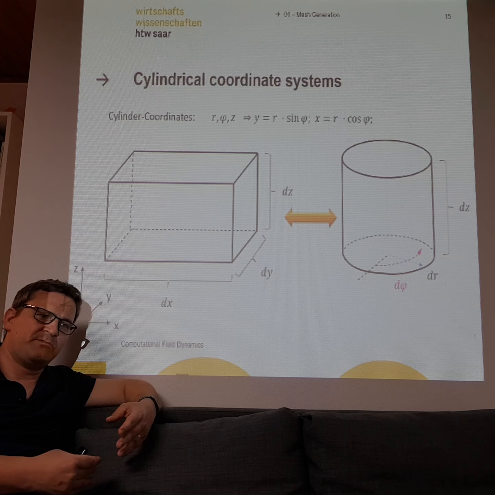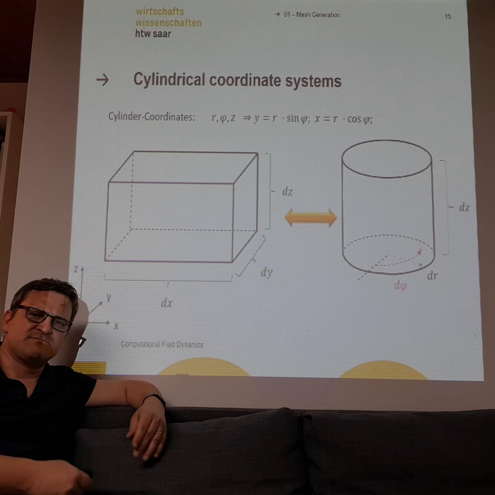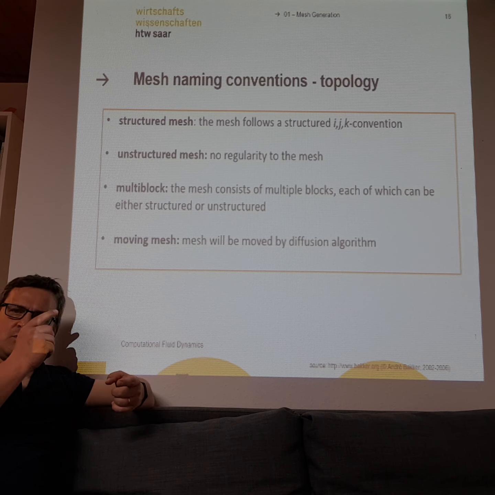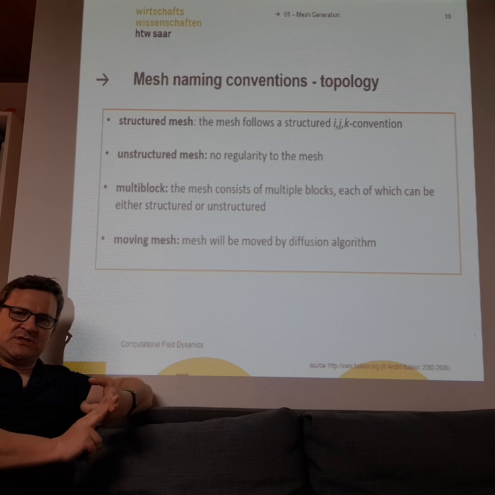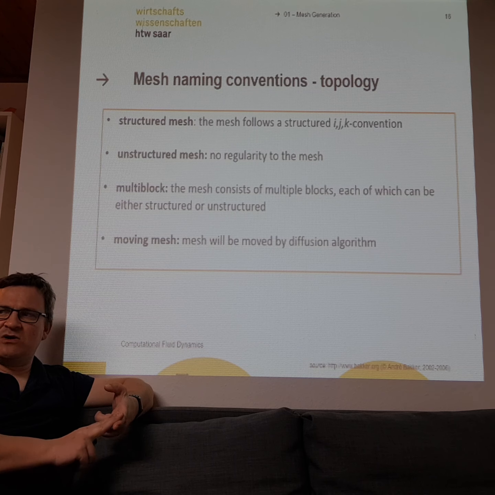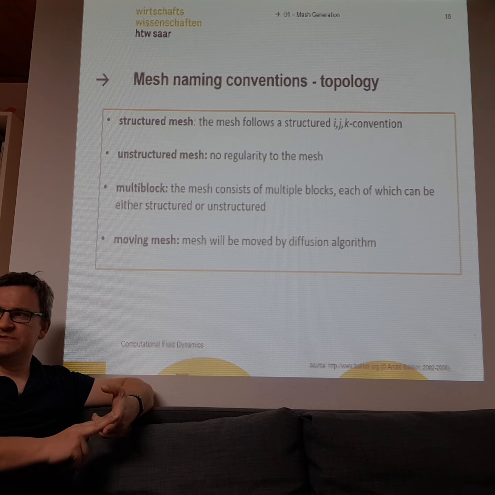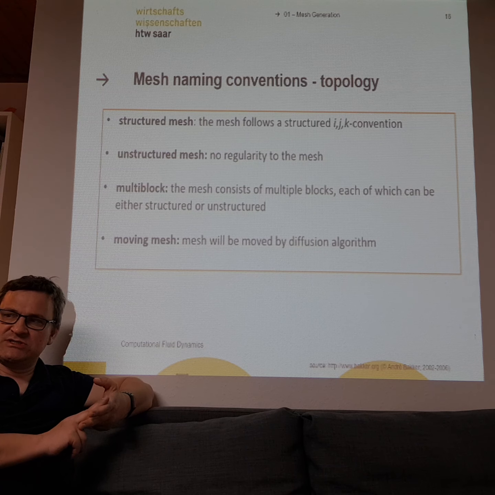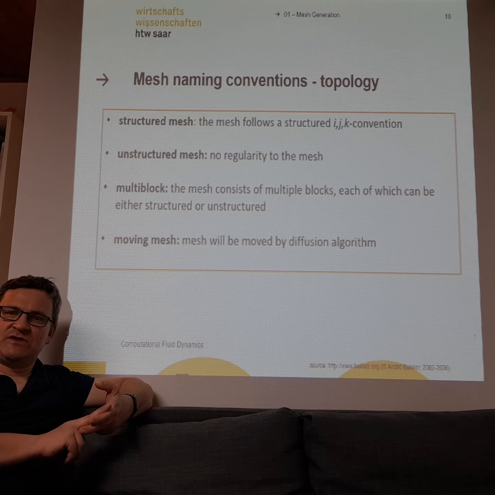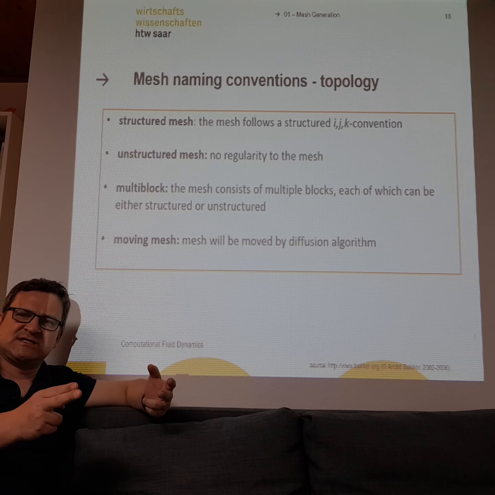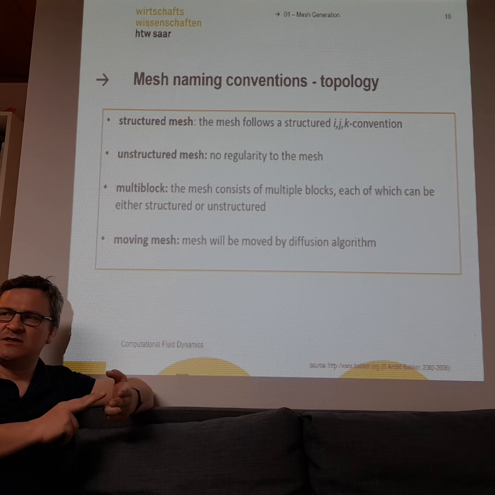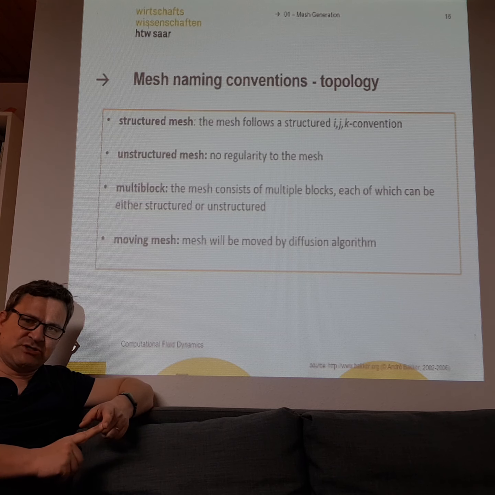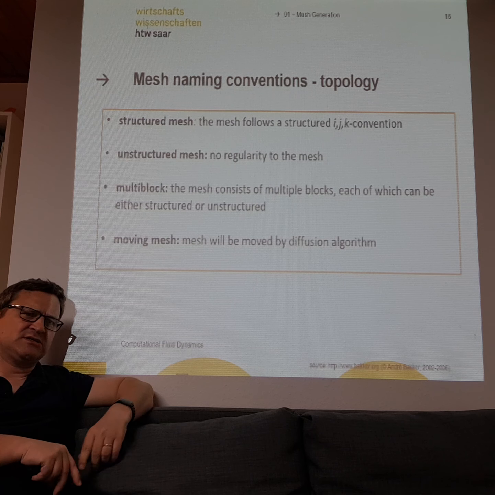Nowadays we have more computer power, we can make advanced mesh types. So let's summarize a bit about the naming conventions of the meshes. I taught about structured meshes, meshes flowing like a coordinate system in I, J, K convention. We can have unstructured meshes. Unstructured meshes are a really big field.